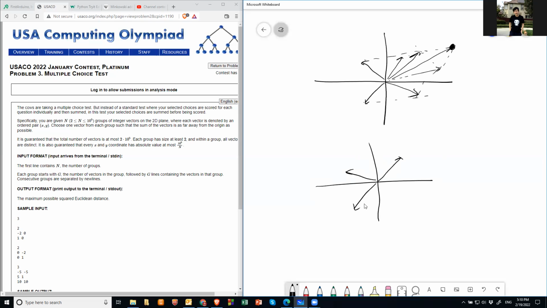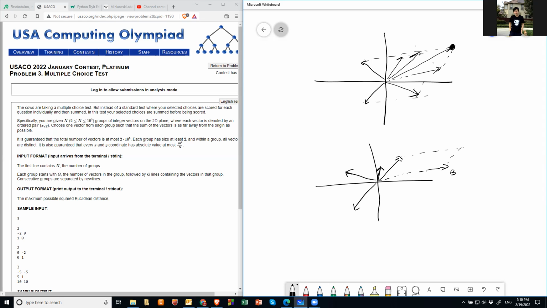So let's say this is my group B, and this is my group A. Let's say in group A, I have another vector like this. You will not use this, and this will not form a vector that is further away. Instead this and that will form it.